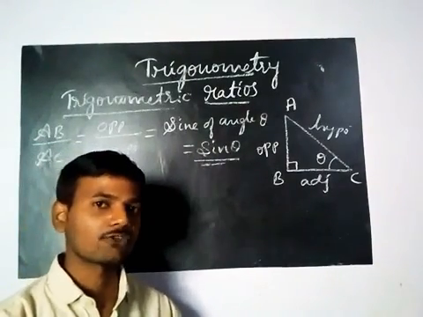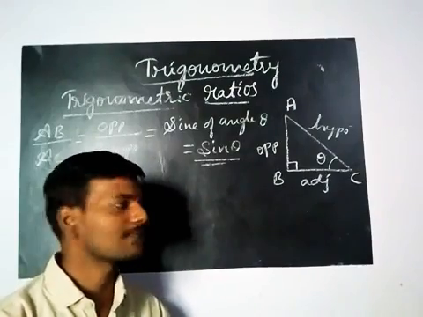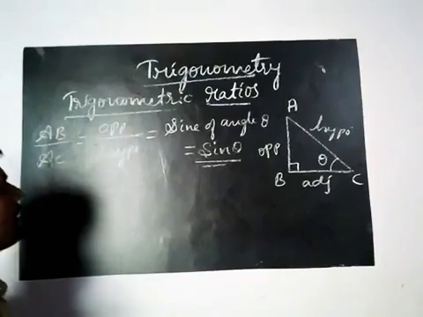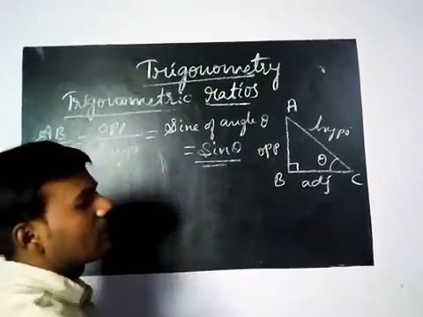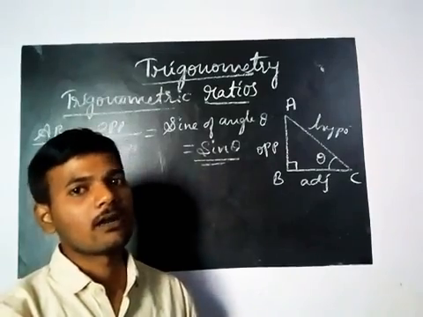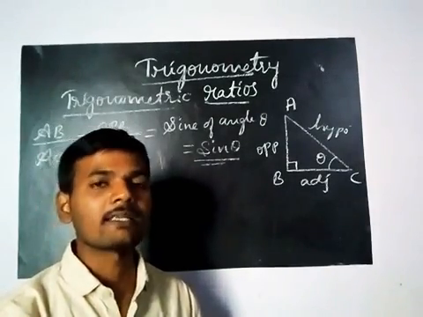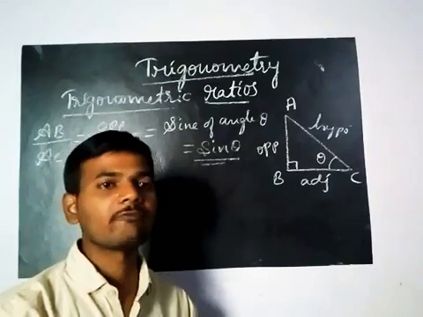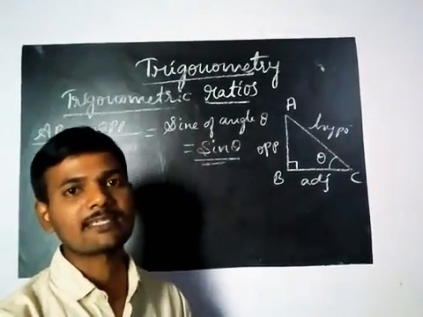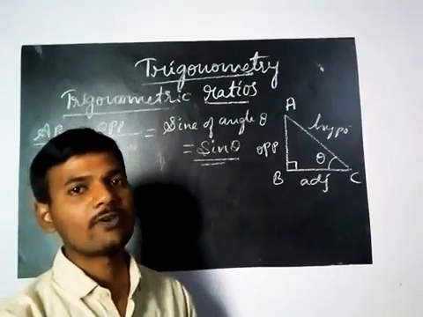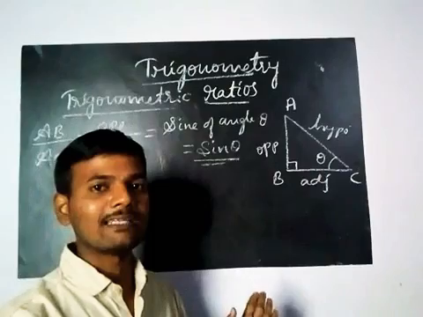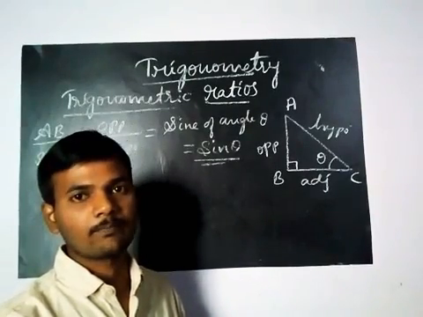Here sin and theta are not a product, they are not separate. It is an abbreviation, and we have to call it only sin theta. We should not say sin product theta.